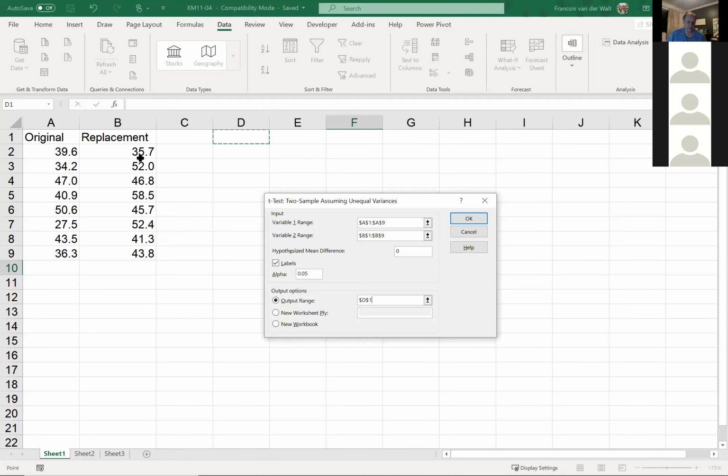Okay, so you can see I've gone to the t-test two-sample assuming unequal variance. I filled in hypothesis mean difference is 0, I ticked labels and I put the output range. Is there anything else I need to change? It's a trick question. If you read in the book, it says estimate with 90% confidence. So what must I change?